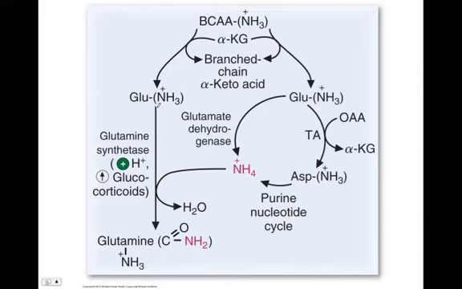Glutamate facilitates what's referred to as the purine nucleotide cycle, where the glutamate is used to synthesize glutamine using glutamine synthetase, and a free ammonium ion is generated by the conversion of glutamate into aspartate in the purine nucleotide cycle. It's through this process that glutamine is generated within the skeletal muscle or other tissues and can be released into circulation.